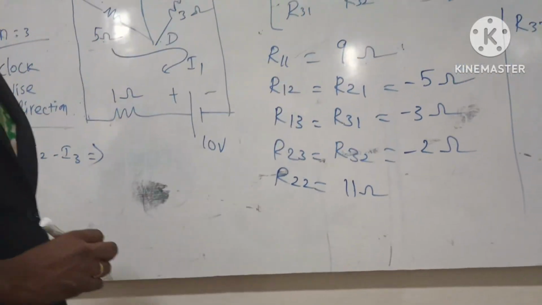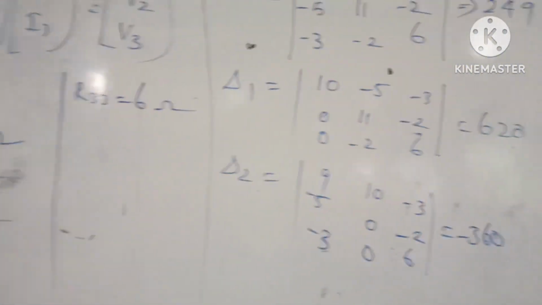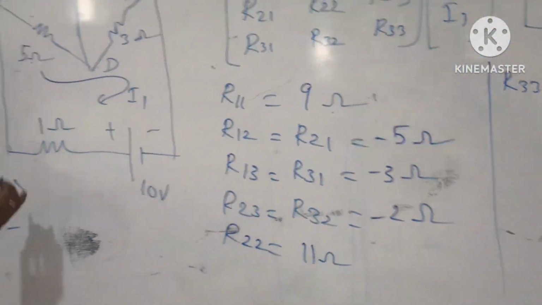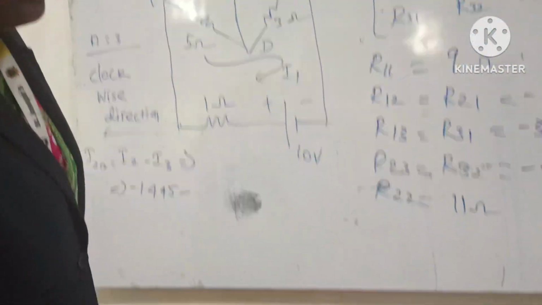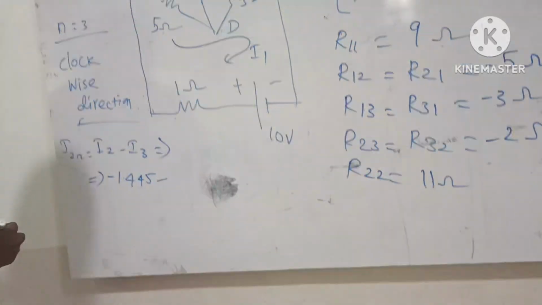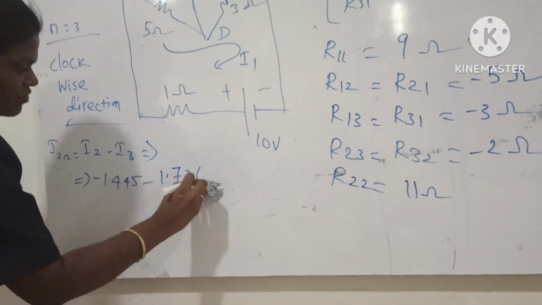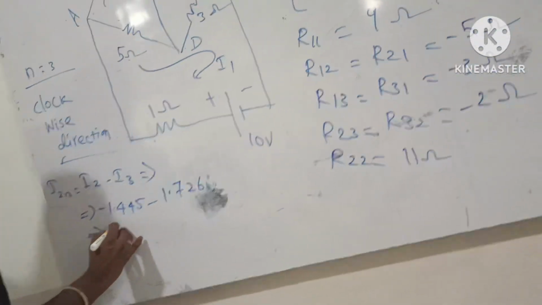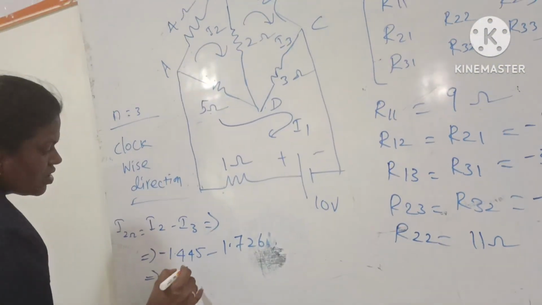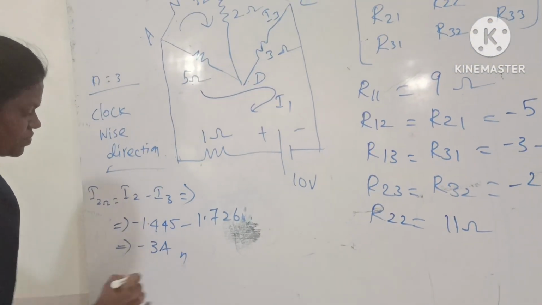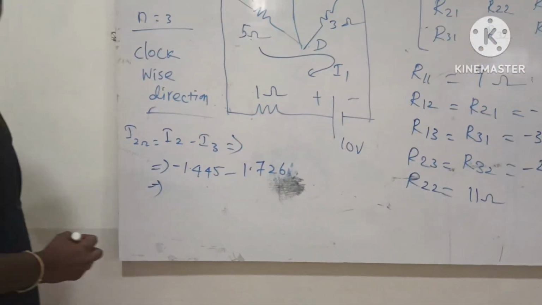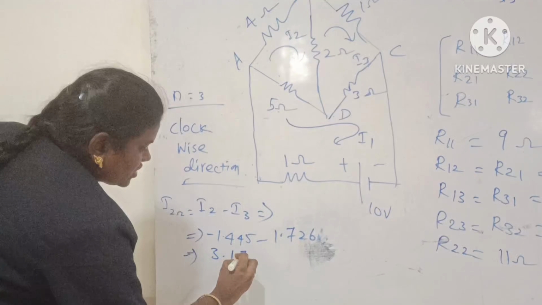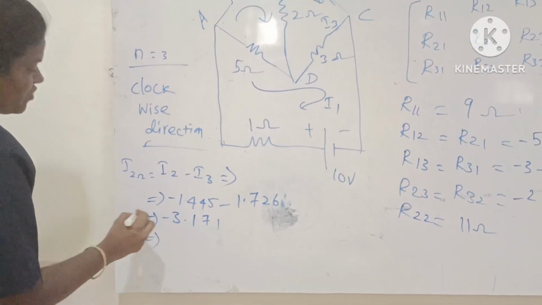I2 value is minus 1.445 amps, minus the I3 value 1.726. So you will get the answer minus 3.171 amps. So the current value is negative.